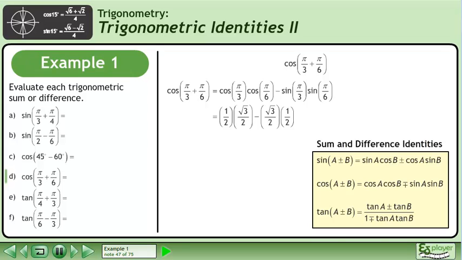Find the exact values of each trigonometric ratio. Multiply the fractions in each term. Subtract to get 0. We have now found the exact value of cos pi over 2.